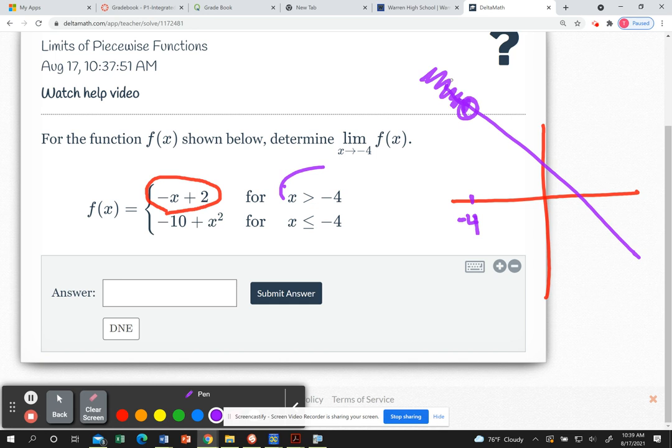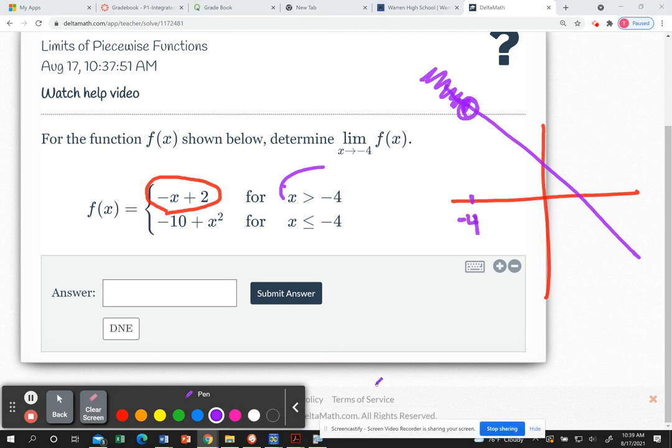Does that make sense? Alright, so I'm going to erase all this. Okay, so see when it's asking for numbers greater than -4, you erase the left side.